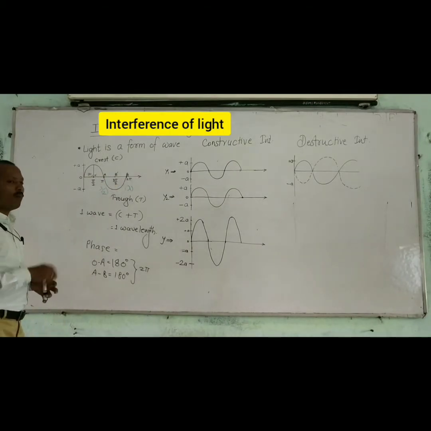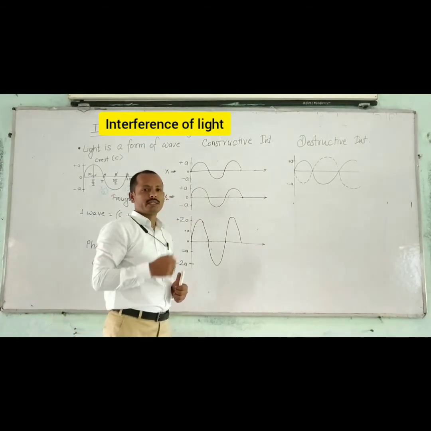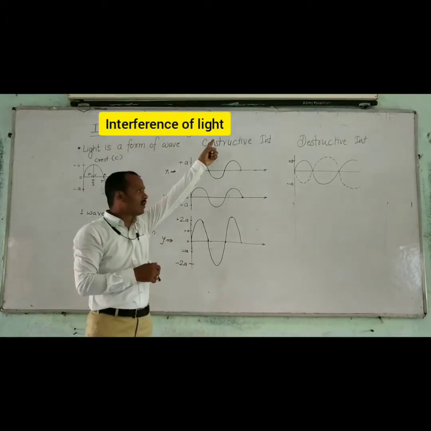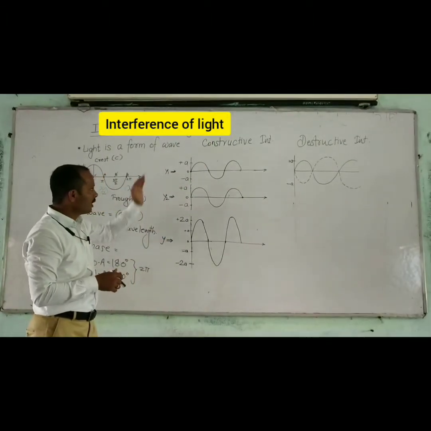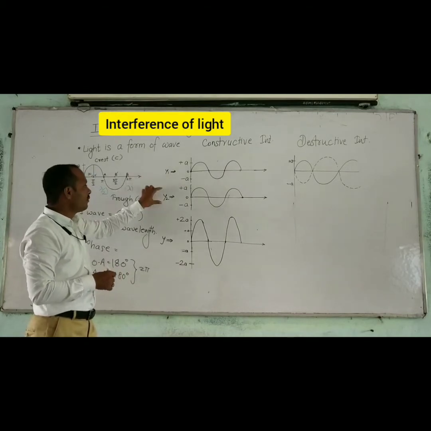Now we know what happens when two or more waves come along the same path, and this phenomenon is known as interference of light. Let us see the first example. Suppose there are wave y1 and wave y2.